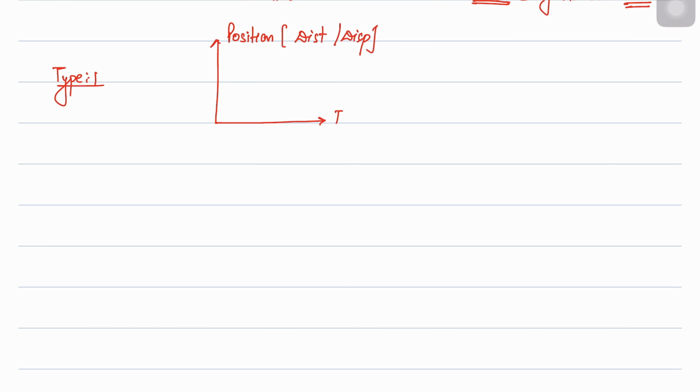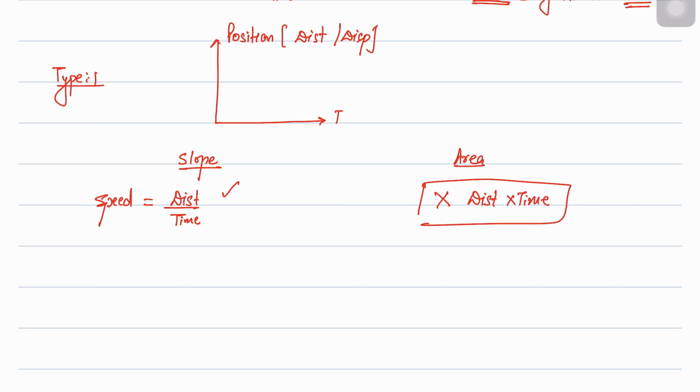You have slope and area. Slope is equal to the y-axis, meaning distance, divided by time, which is equal to speed. That is perfectly fine. Can I say distance multiplied by time? Do we have something? No. So this is not applicable.